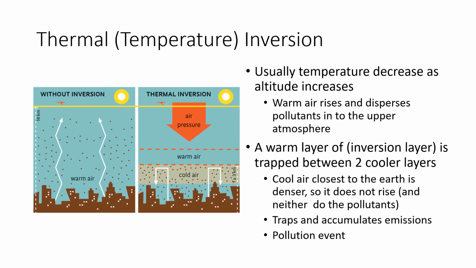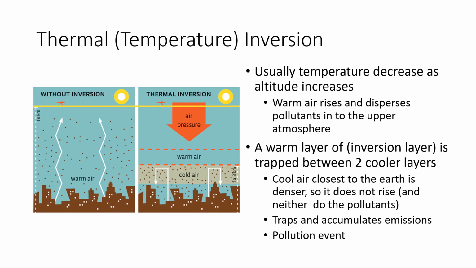Usually temperature decreases with altitude, but now you end up with the opposite. Temperature is actually increasing with altitude in the troposphere. So you have this warm layer, an inversion layer, that's keeping the cold air from rising.